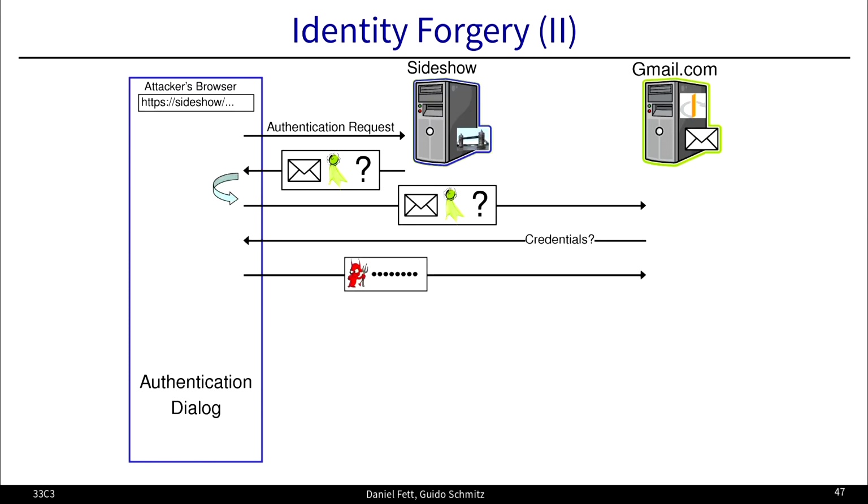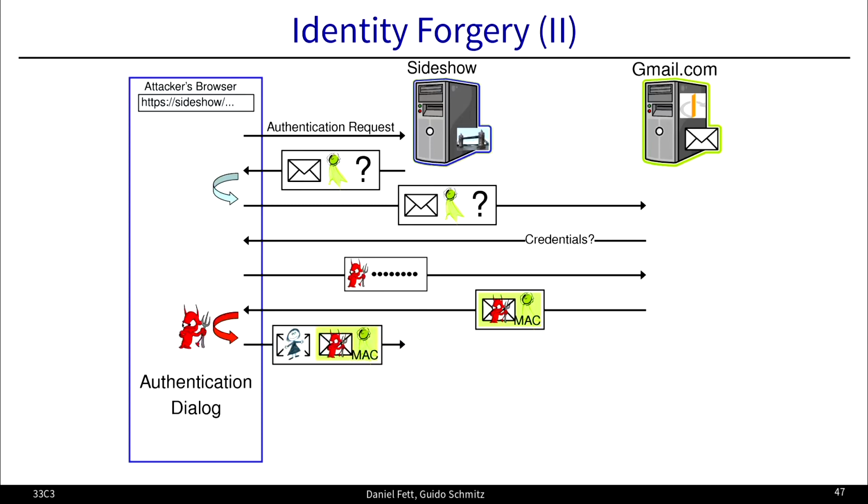Gmail asks for the credentials, the attacker signs in, and sends back the OpenID assertion containing the signed email address of the attacker. So no attack up to this point. And now the attacker can do the following. The attacker adds another attribute, another email attribute. And yeah, you can guess what happens.